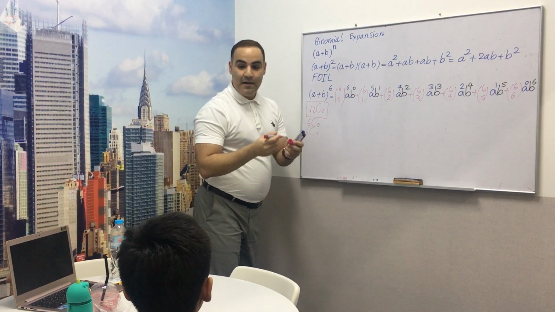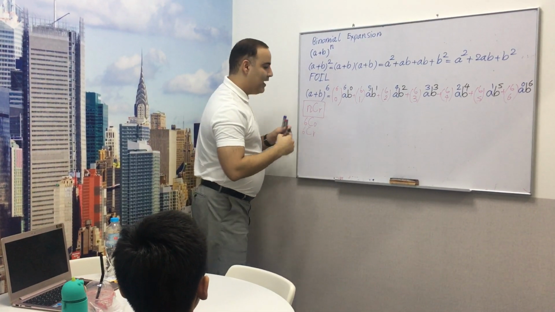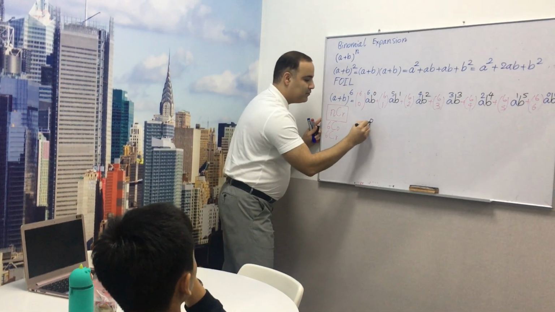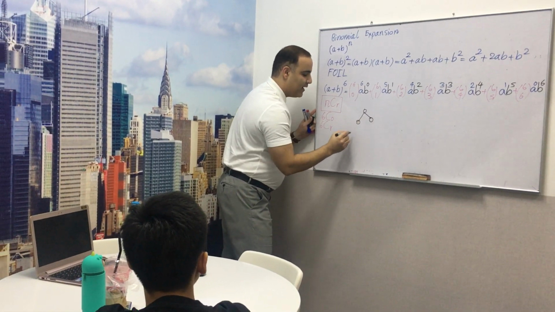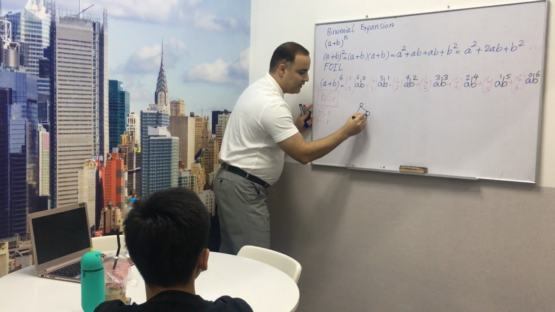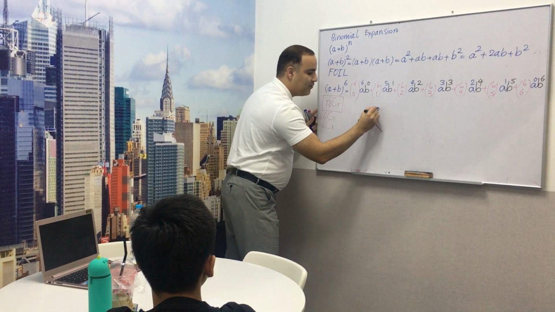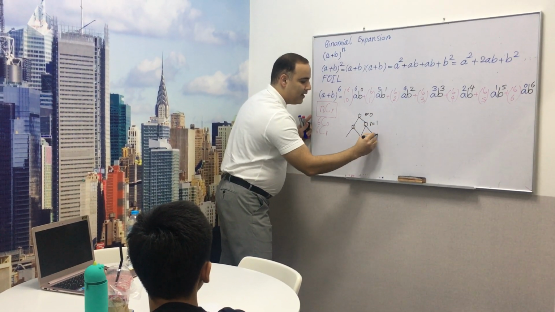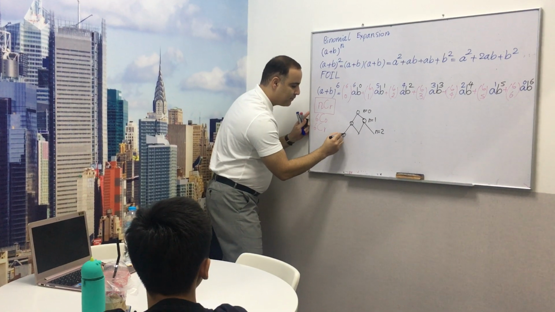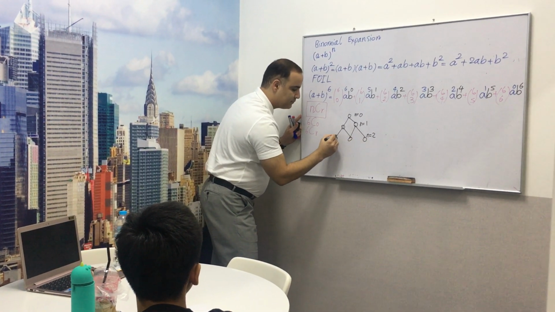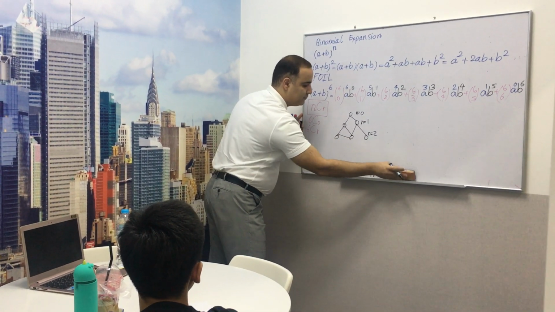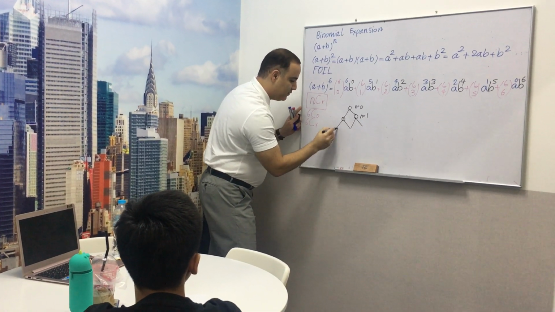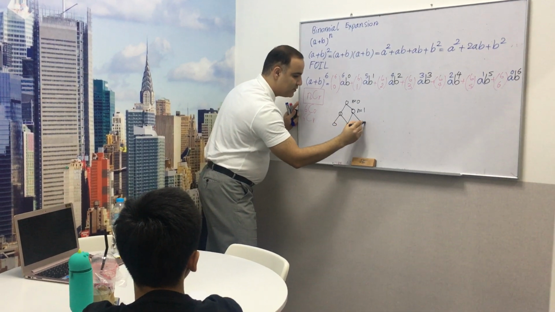Or we can use Pascal's triangle. How does Pascal's triangle work? It starts from 1, and then we go to 2, and then 3, like this. So that's the 0 degree, n equals 0. This one, n equals 1. n equals 2.